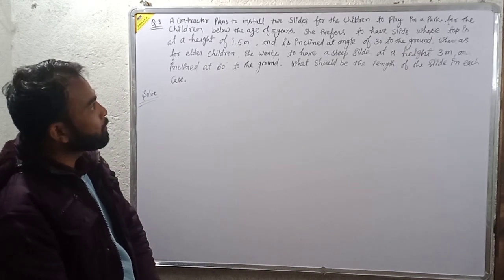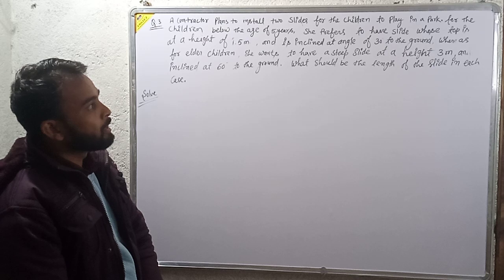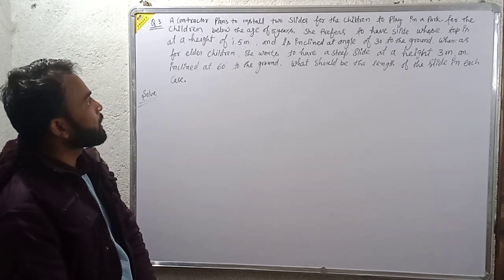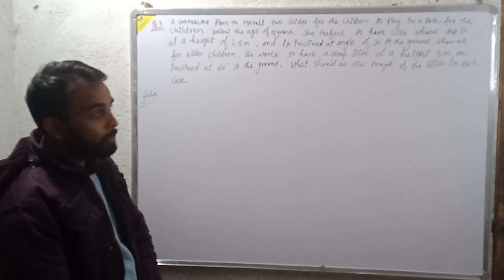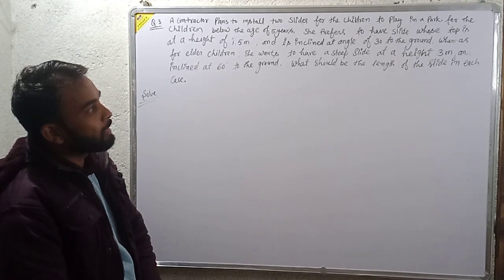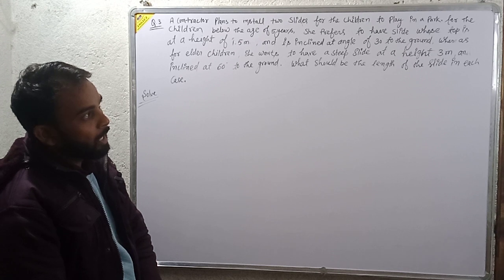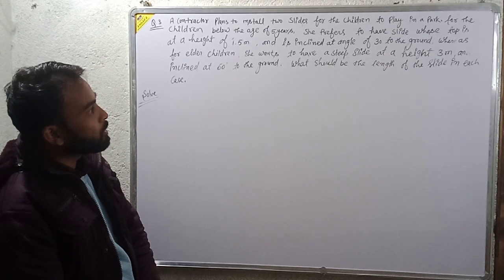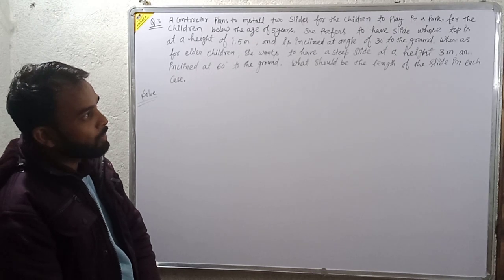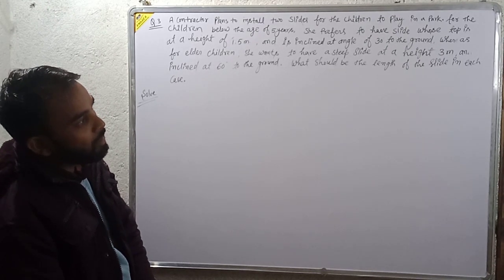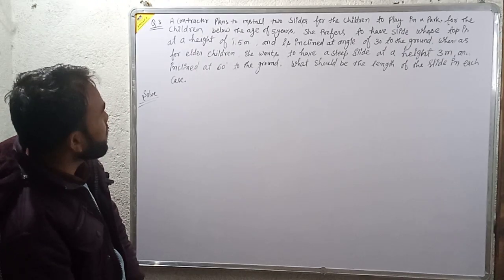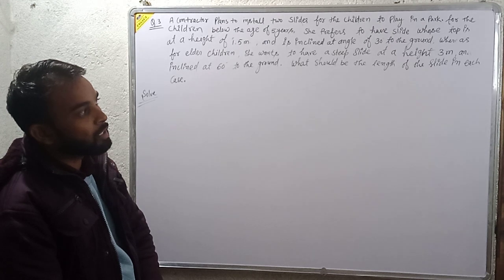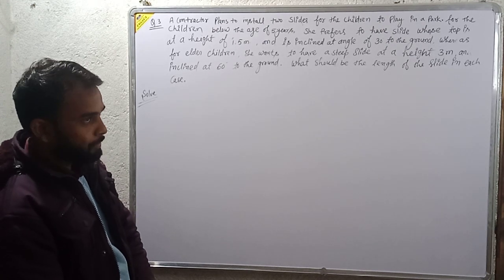For children below the age of 5 years, she prefers to have a slide whose top is at a height of 1.5 meter and inclined at an angle of 30 degrees to the ground, whereas for elder children she wants to have a steep slide at a height of 3 meter and inclined at 60 degrees to the ground. What should be the length of the slides in each case?